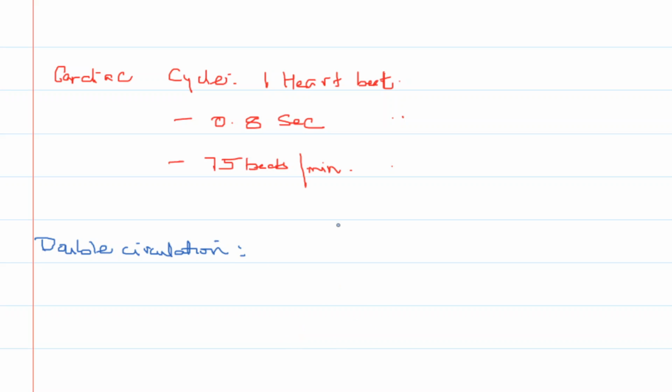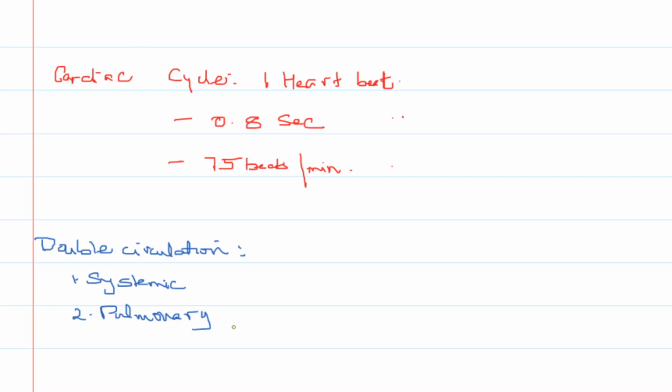There are two main routes for the circulation to go on in our body. One is systemic and the other is the pulmonary. These are the two circulations, and you already know this.